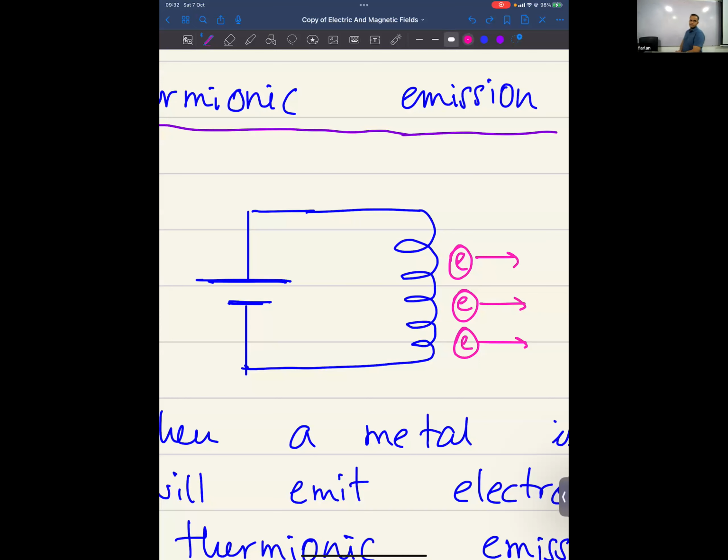Thermal means, what is thermal? Heat. So thermionic emission means emitting electrons by heating a coil.